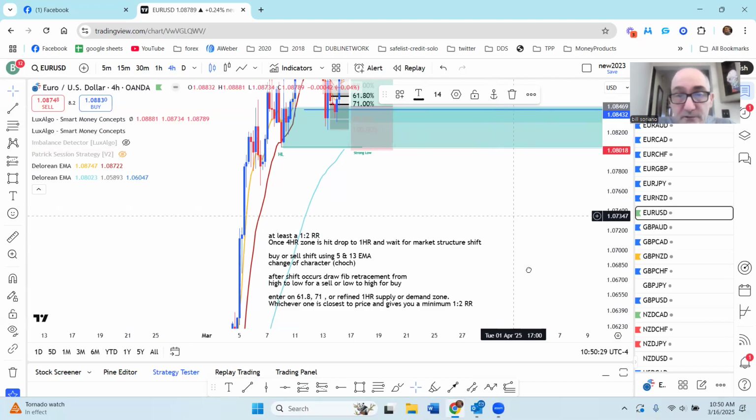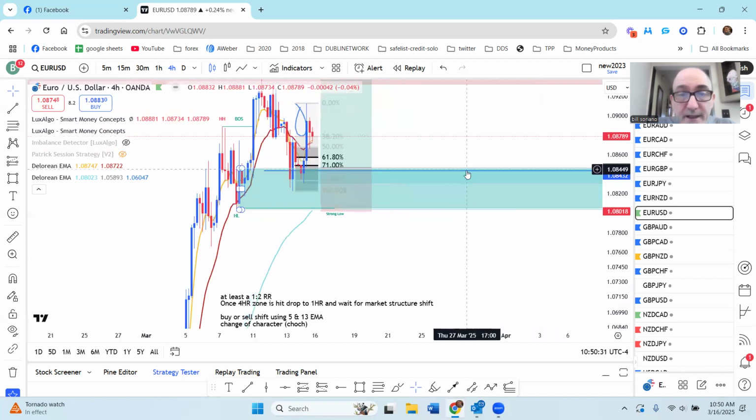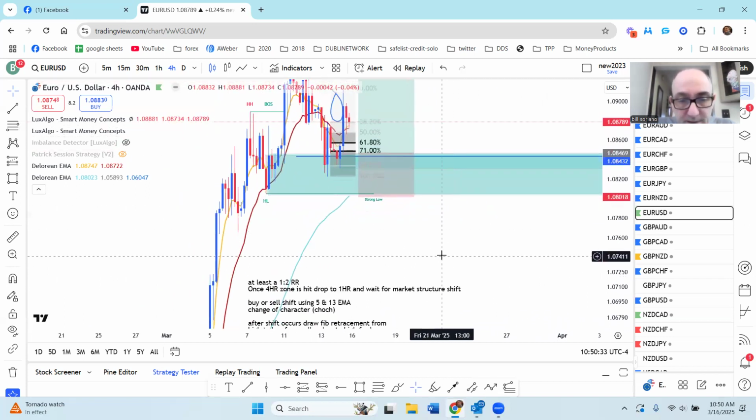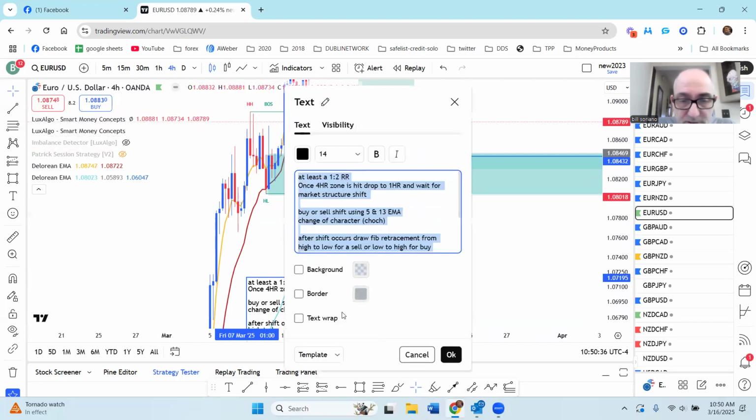Now, in this particular example right here, we got both of them, right? And I would say that's going to be your best option, right? You know, you can do an alert for the 5 to 13.